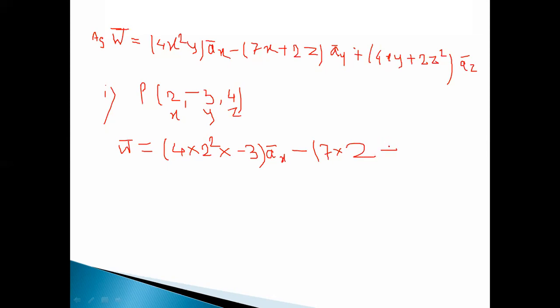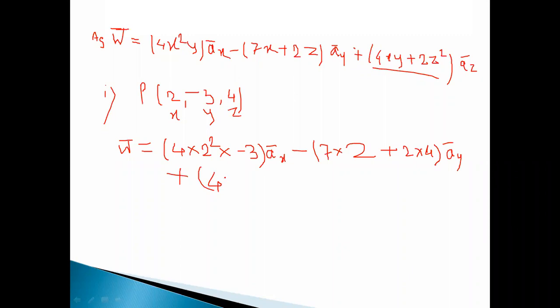Then plus 2z, and here z is plus 4, into unit vector A bar Y. Right? Then plus, what will be the third term? Third term for this? For this term, tell me the equation.